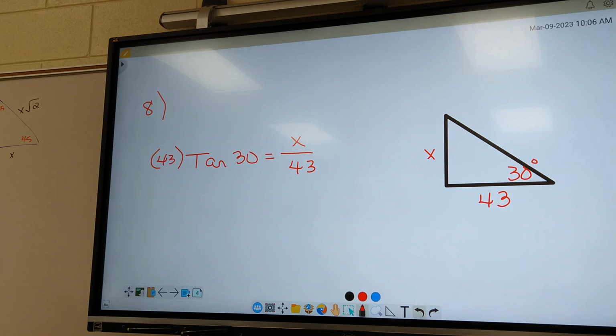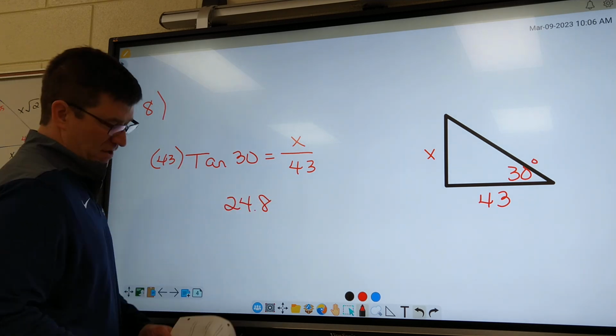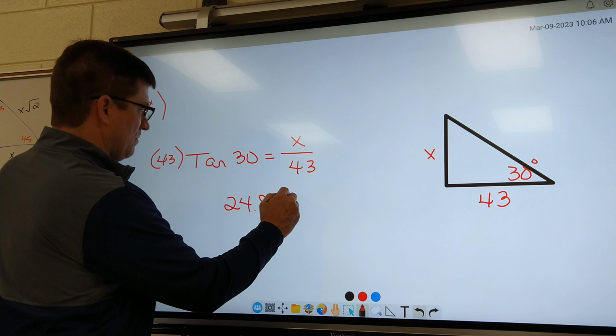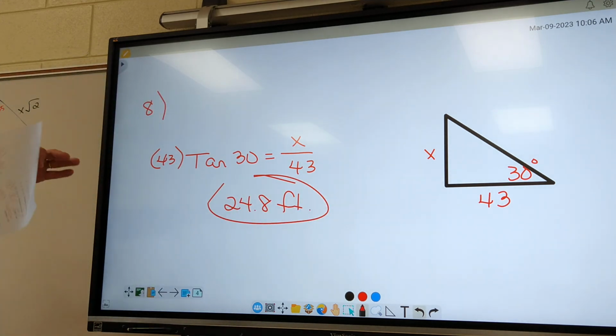Now let's just make it a decimal. Tangent of 30 times 43. Got a weird fraction. I made it a decimal. I got 24.8. 24.8 what? Feet or meters? Feet. So you're going to have some of these on the test. And this is going to be easy. We just finished this. Everybody's pretty good at these.